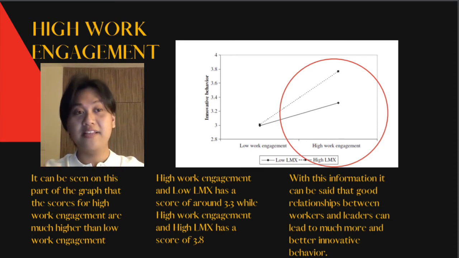On the other hand, high work engagement and high LMX has a high score of 3.8, which is higher than high work engagement and low LMX. With this information, it can be said that good relationships between workers and leaders can lead to much more and better innovative behavior within the workforce.